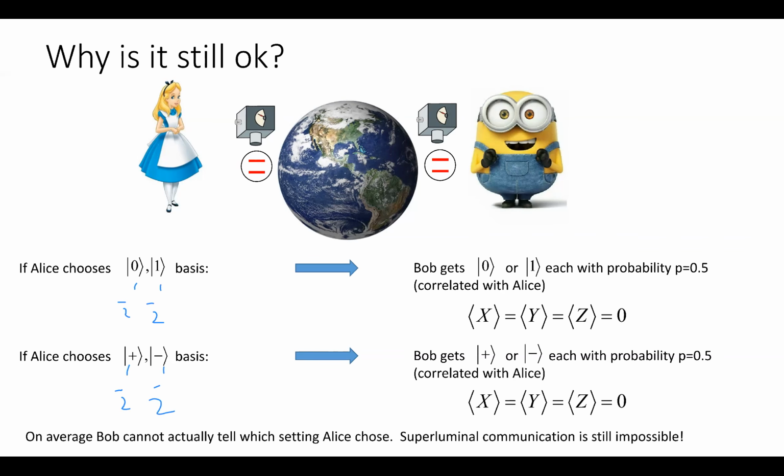If you actually calculate any kind of observable, and ultimately it has to do with observables, because what can Bob do except try to construct some observable to figure out what basis Alice chose? Observables are basically the readout of the experiment.